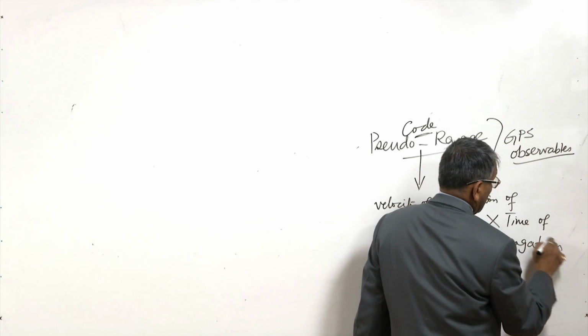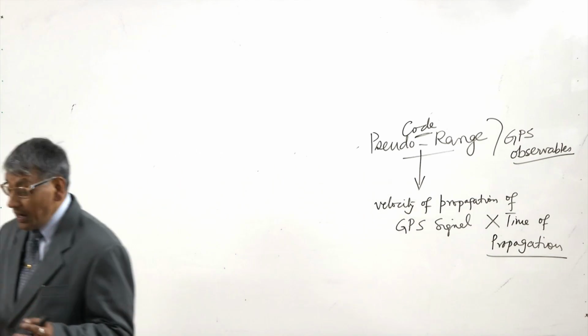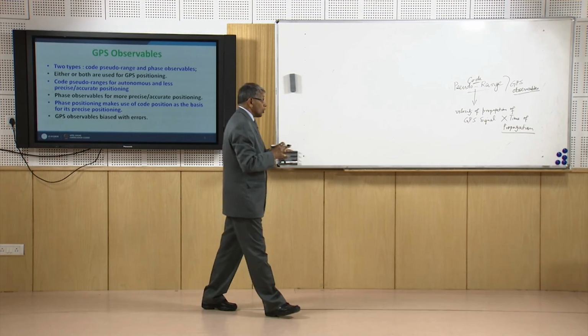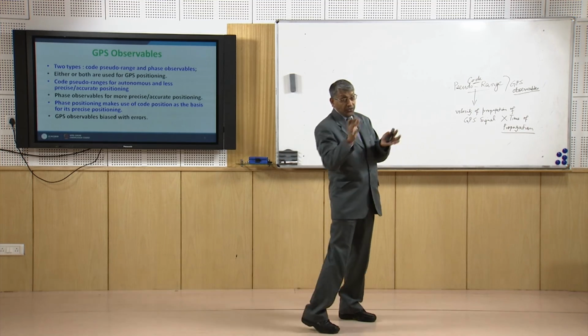That means the time of propagation is the time taken by the signal to come from the satellite to the receiver.